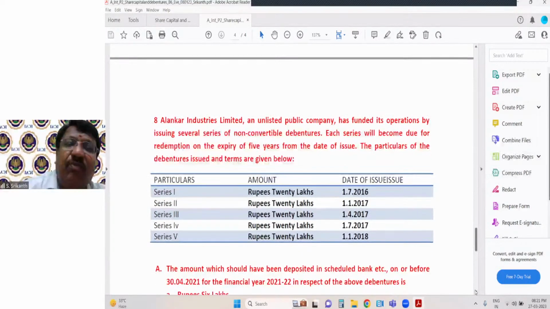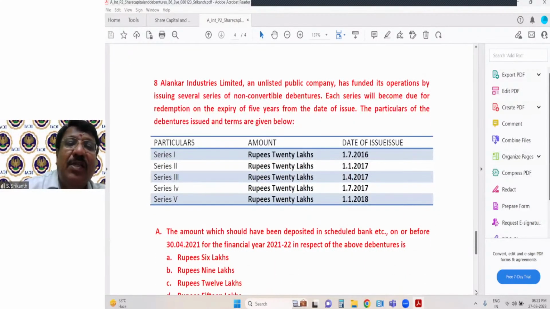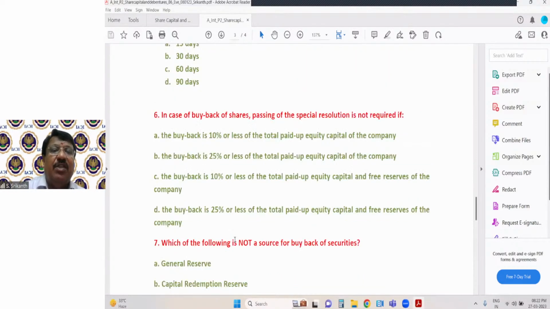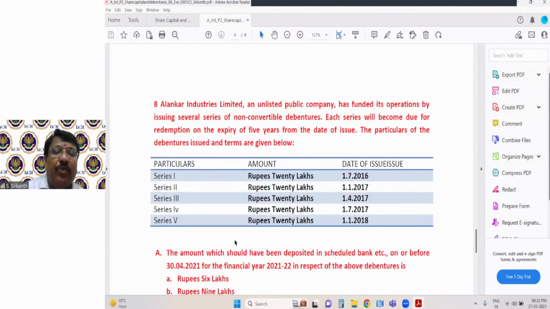Alankar Industries has funded its operations by issuing several series of non-convertible debentures. Each series will become due for redemption on the expiry of 5 years from the date of issue. The particulars of the debentures issued and terms are given below. So all you have to do is the amount which should have been deposited in the scheduled bank, 15% of the amount which will become due on or before 31st of March next following. So for the financial year 21-22, that means what is falling due before 22.